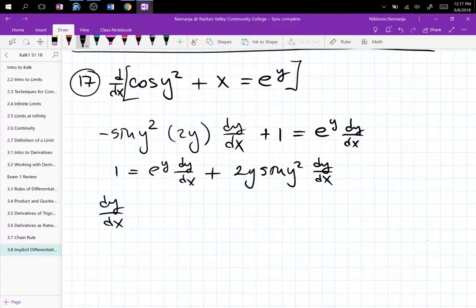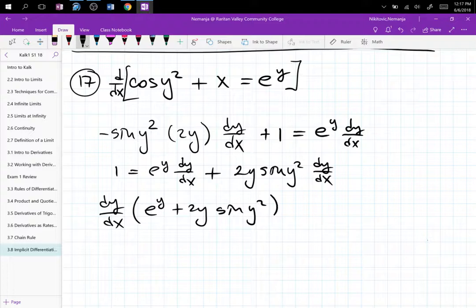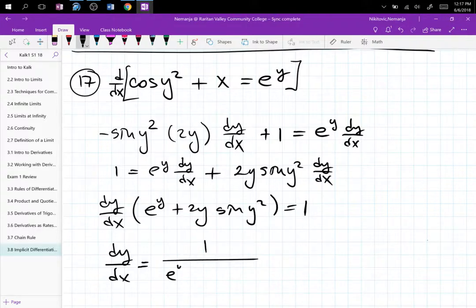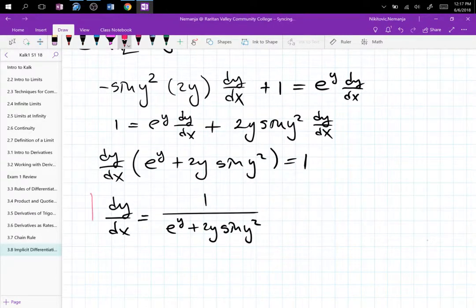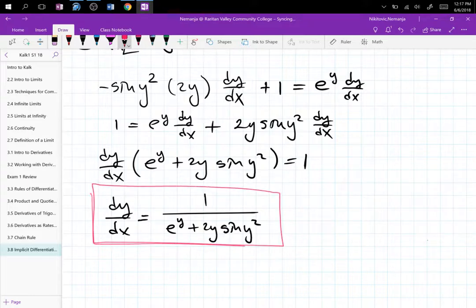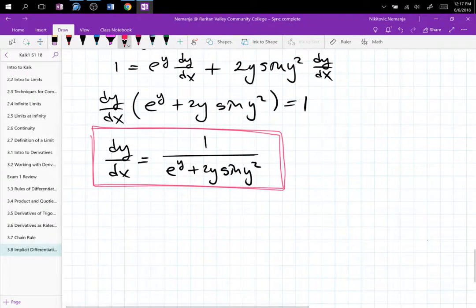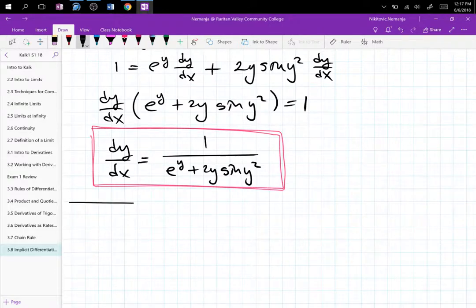So dy dx, and then as a factor I have e to the y plus 2y sine y squared is equal to 1. And finally dy dx is equal to 1 over e to the y plus 2y sine y squared. And that takes care of that problem.